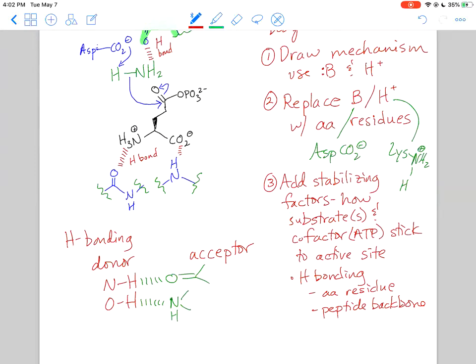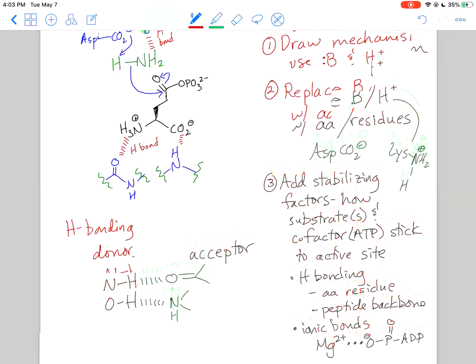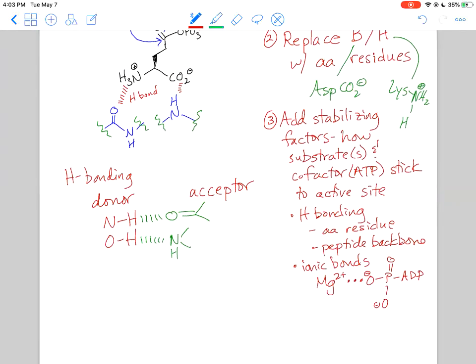And then the other example that we saw, which is kind of specific for ATP, is that you may have some ionic bonds or associations. So for example, how we had the magnesium hanging out with the negatively charged oxygens on ATP. Right, so that's what I mean by stabilizing factors: how is that held in place?